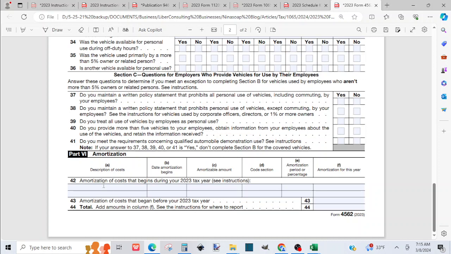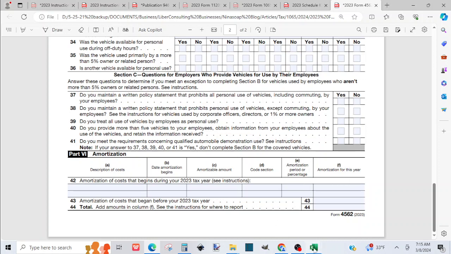So if you are amortizing, if you place assets in service that year, you will put the asset description, the date you placed it in service, the amount you paid for it, the code that I just showed you from the instructions for Form 4562, and the amortization period or percentage and amortization deduction for the year.